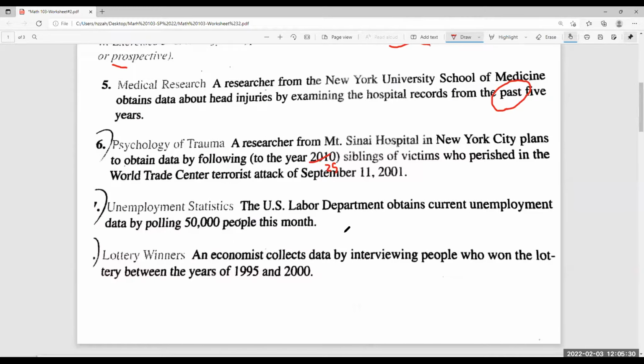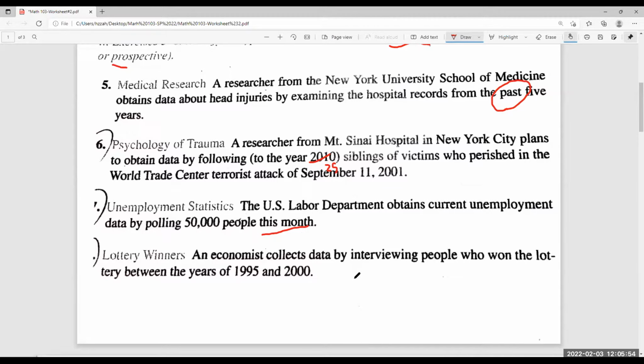Next, the U.S. Labor Department obtains current unemployment data by polling 50,000 people this month. Cross-sectional, because it's present time. Next, lottery winners.